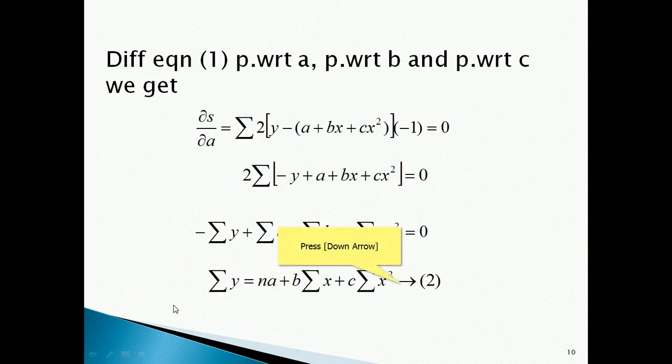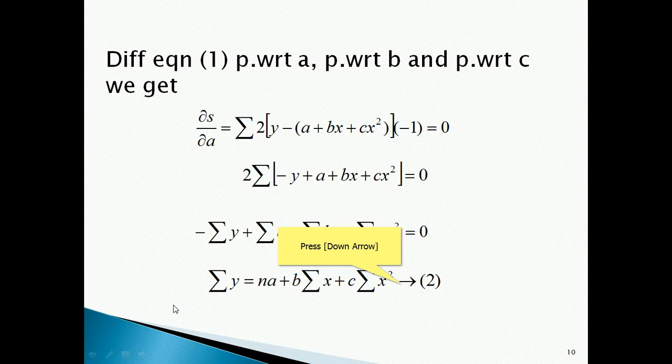Similarly with respect to b as well as with respect to c. Now, del S by del a is equal to summation 2 times y minus of a plus bx plus cx square, again the differentiation of this with respect to a is minus 1, that is equal to 0. Take 2 outside. Multiply throughout by minus 1: summation of y minus a plus bx plus cx square is equal to 0.